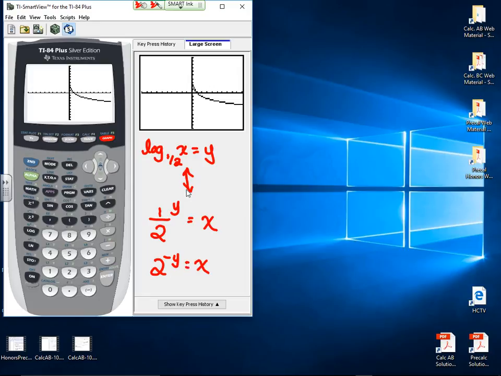It's like a negative power hidden. We didn't even see it. So another way of writing this is, weirdly, log base 2 of x equals negative y, because 2 to the negative power is the same thing as 1/2 to a positive power. Okay, long story short, the 1/2 didn't work.